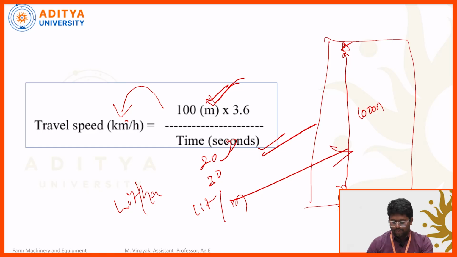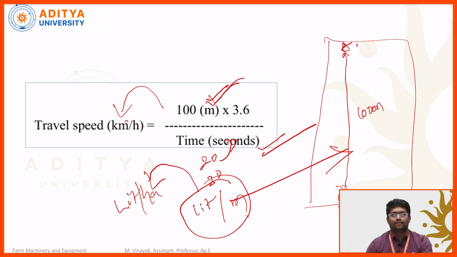From this A to B point, while covering the distance, it will be delivered in the form of liters per minute. This liter per minute will be converted into liters per hectare. Why? Because here we have a 100 meters distance, and this 100 meter distance we need to convert into 1 hectare of land area.